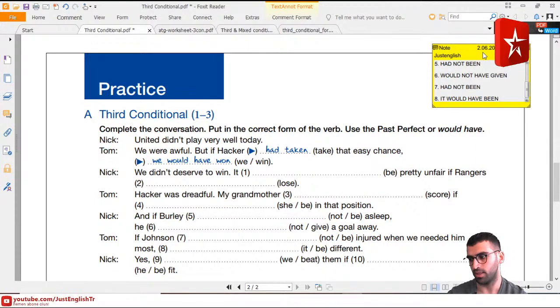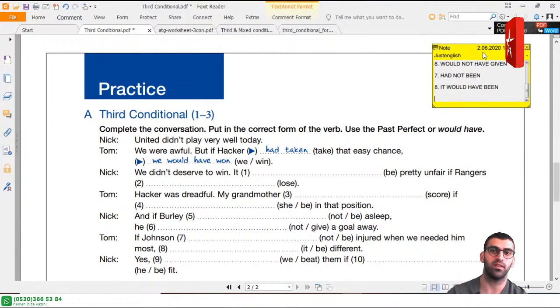Yeah, your answers are correct, guys. Number 7 is hadn't been. Number 8 is it would have been. Yes, Mr. Halil, Gülsafa, Münevver, and Mr. Ramazan. Yeah, at the moment I'm having 4 students active here online.